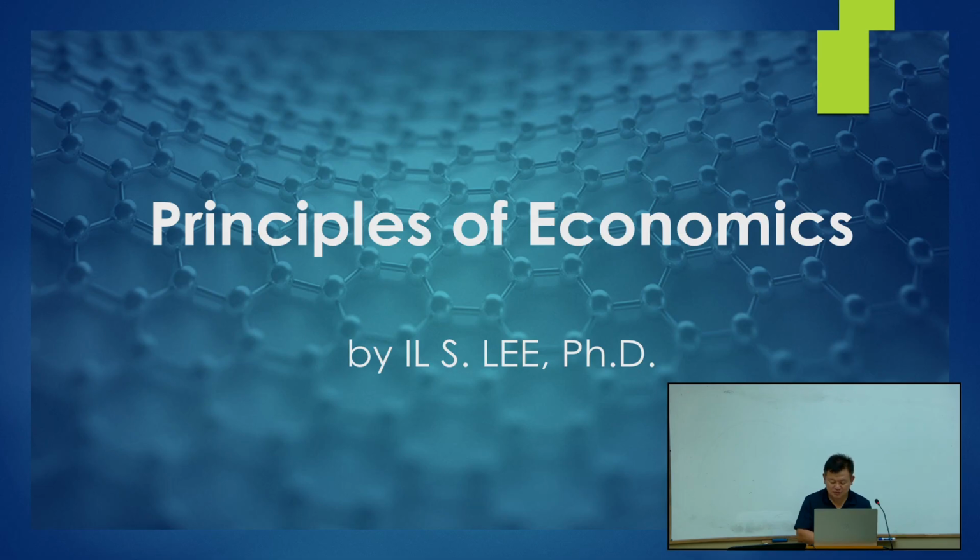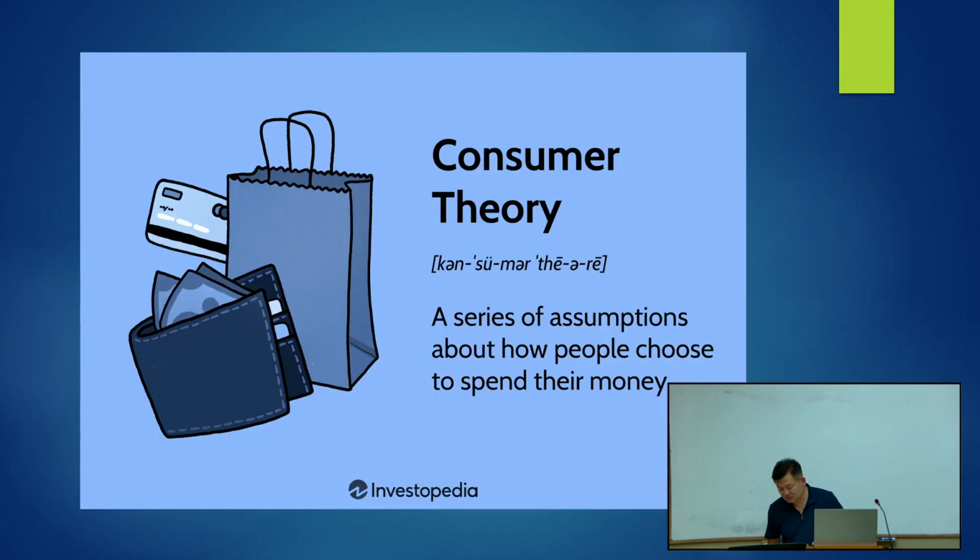So consumer theory is a series of assumptions about how people choose to spend their money. Consumers will buy some stuff. People can decide to buy or not, and which product is better than other products at the same price.